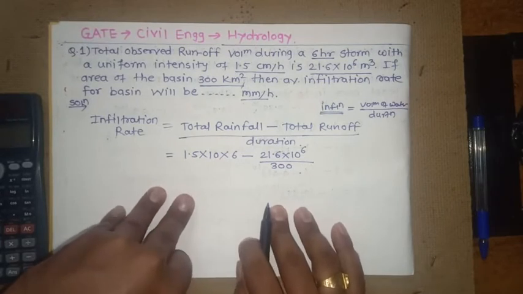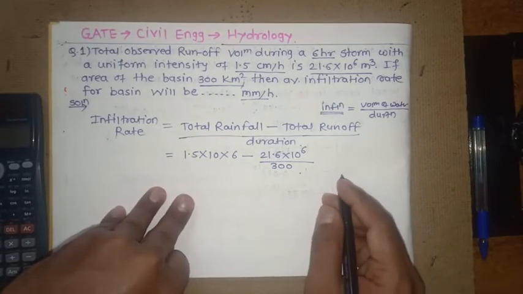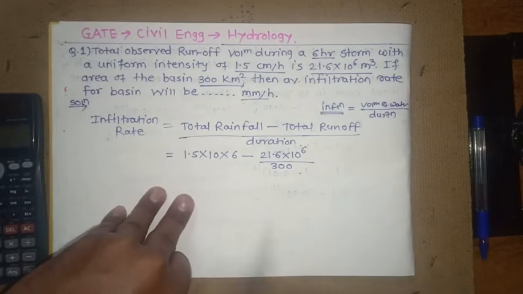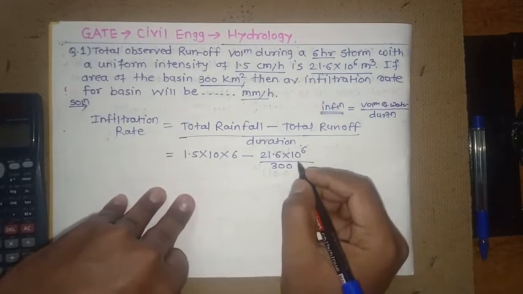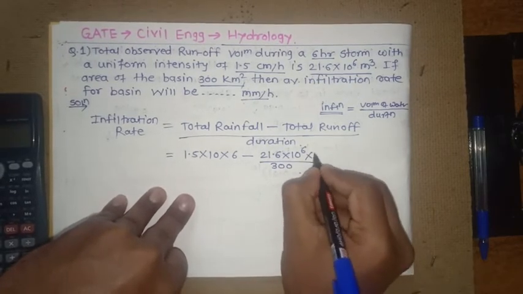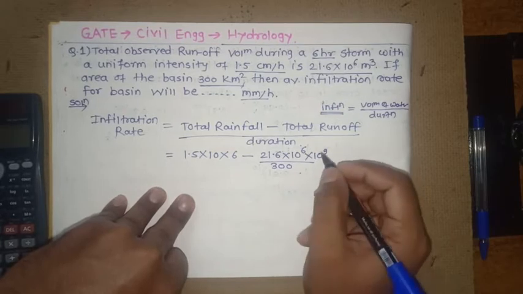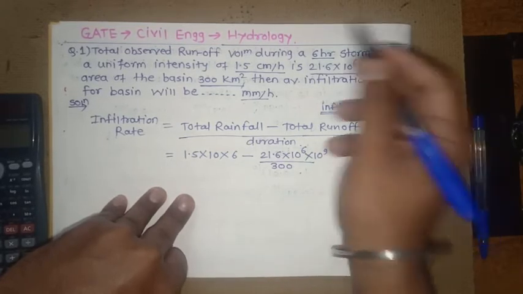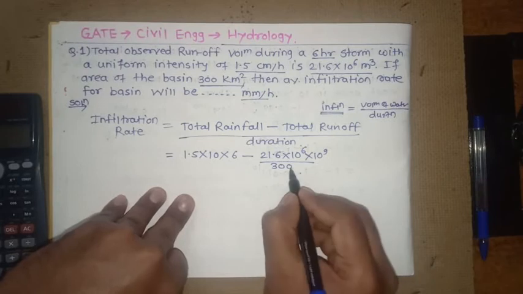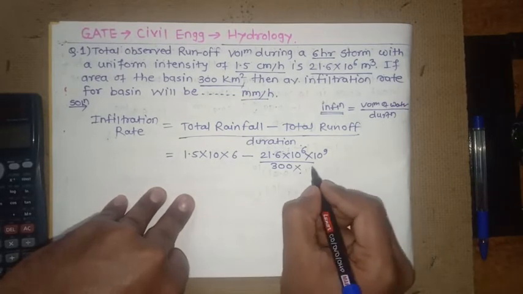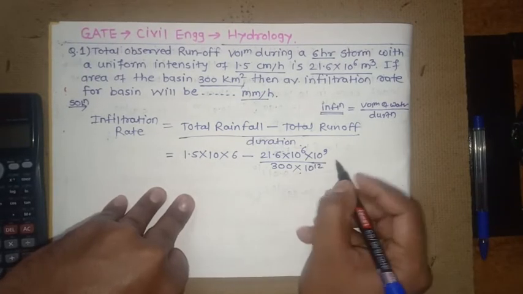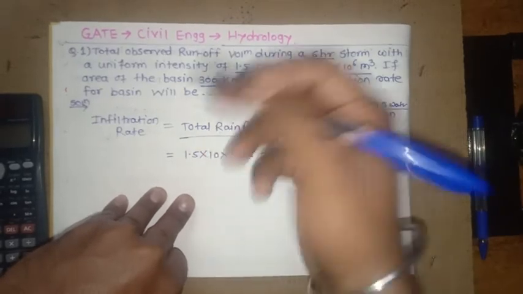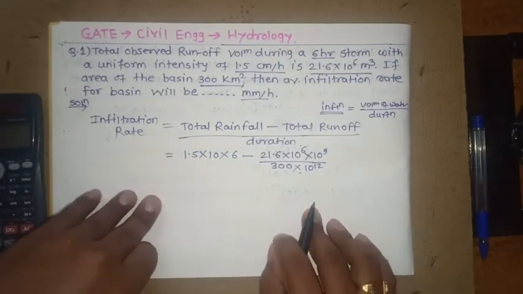Therefore, take conversion factor here into 10 raised to 9 to convert this meter cube into millimeter cube, and here into 10 to power 12 to convert square kilometer into square millimeter. Now solve this.